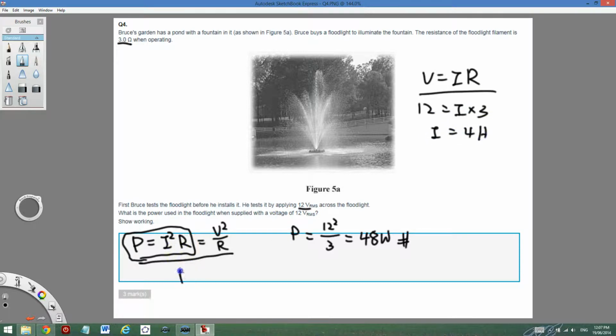If you use that, again you get the same answer. This is the power used by the device.